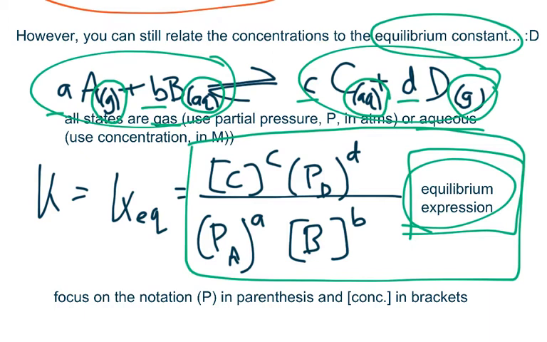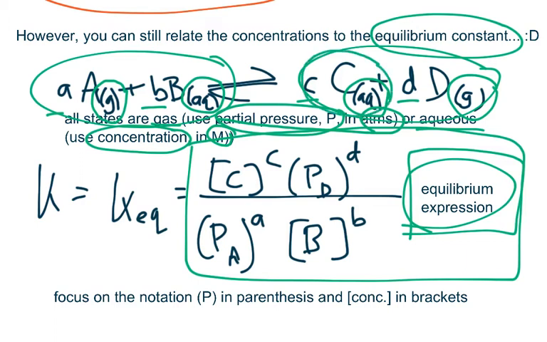So, we have to note that the gases are in atmospheres and they're written as partial pressures, and our aqueous solutions are written in terms of concentration, and more specifically in molarity. So, for our products, we could start with C, and we see that C has an aqueous symbol, which means that it will have a concentration.